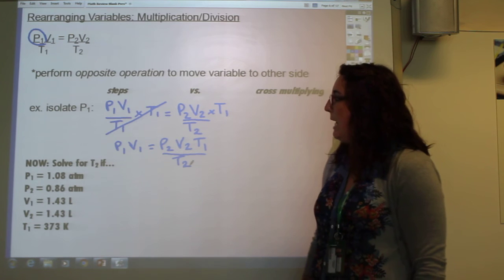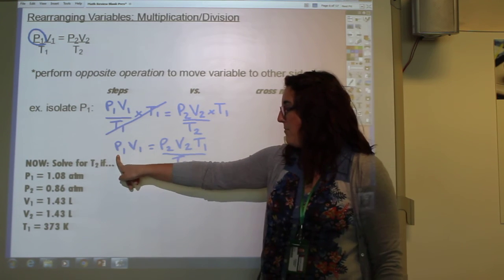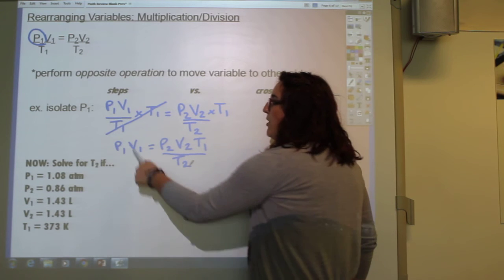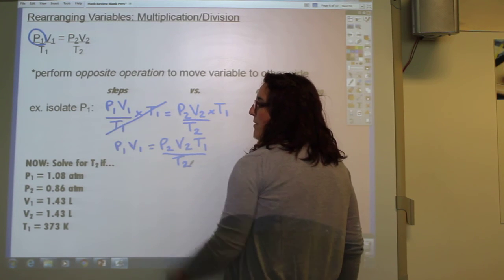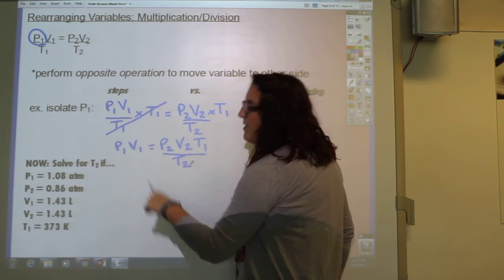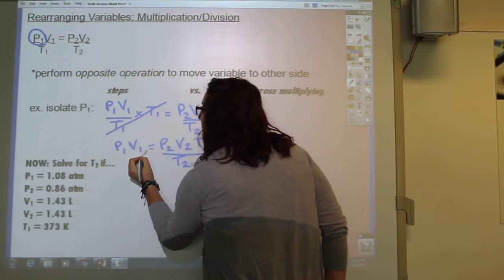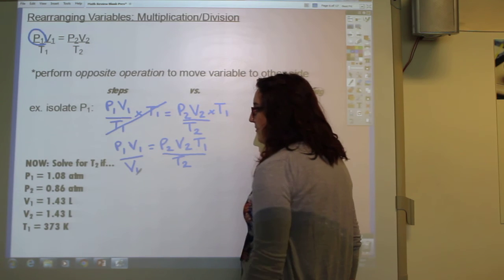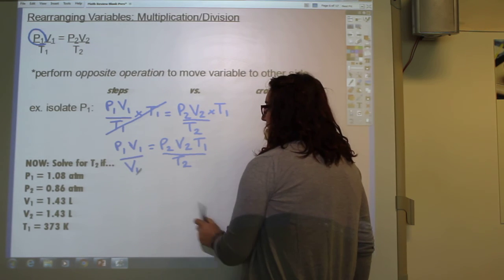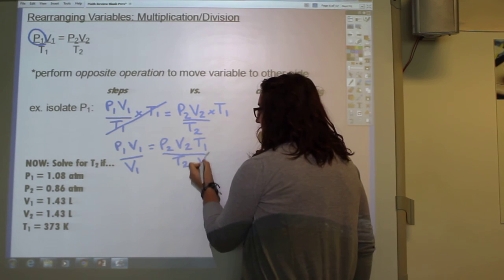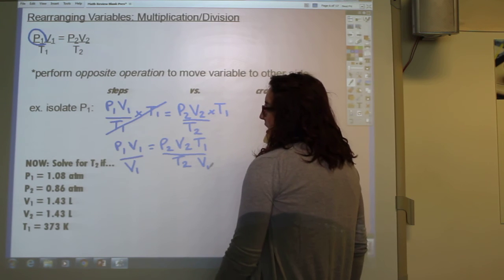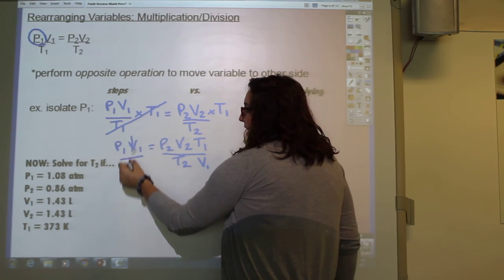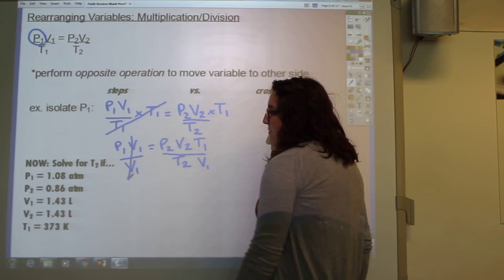Okay? Now, remember we want this guy by himself, so that means we have to move V1. V1 is right now being multiplied by P1, so that means we need to divide. So I'm going to go ahead and divide V1 on that side. If I do that on that side, I have to do that on this side, V1. Now over here, we got V1 divided by V1. Guess what? They cancel because they're the same thing.